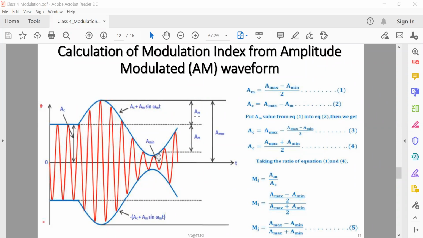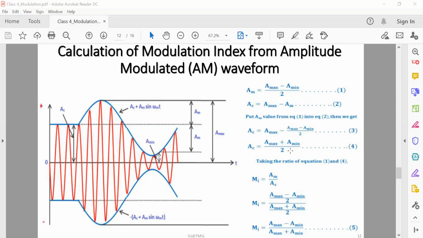And we know that the carrier amplitude is equivalent to the maximum amplitude minus A_m. So we can get the actual A_c, the carrier amplitude. Put this A_m value into this equation, and we get the carrier amplitude equivalent to this one.